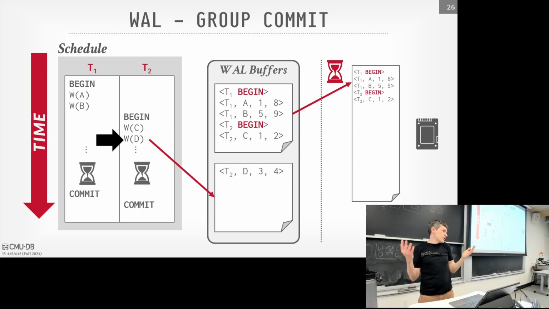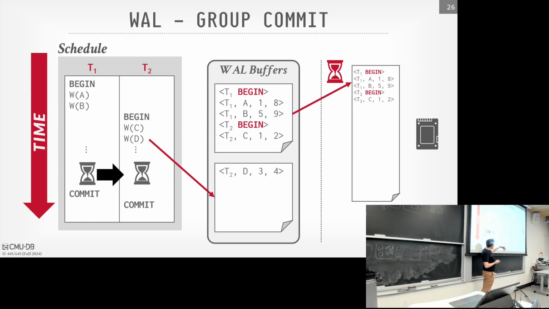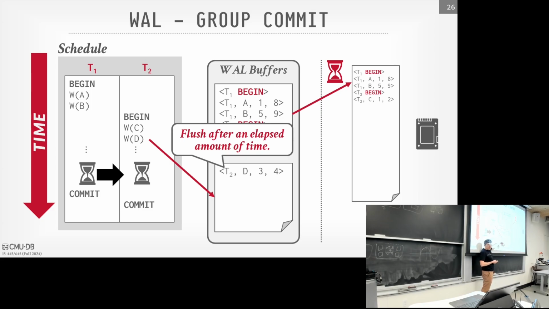Then say that there's a stall for whatever reason, right? Again, under the group commit policy, I would say, okay, every 5 milliseconds, every 10 milliseconds, usually something you can tune in the system, how often will it trigger a flush? So say these transactions are waiting because they're going back to the client to get more information. It doesn't matter. At some later point, enough time has elapsed.